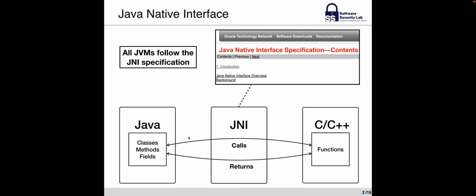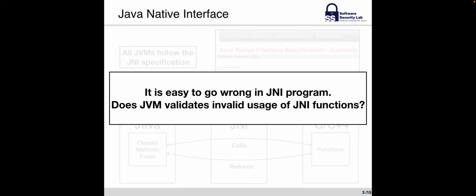So these differences lead to the complexity of programming, and that leads to bugs in the programs. Moreover, there are no good tools for debugging and validating JNI programs, so it's very difficult for developers to debug when they develop JNI programs, so there might be hidden bugs in your JNI programs.